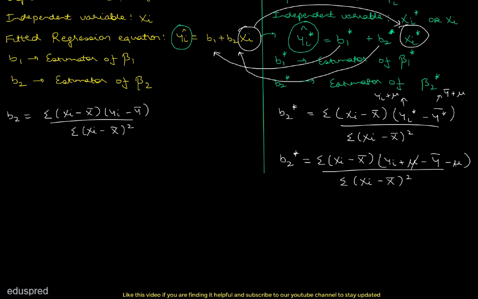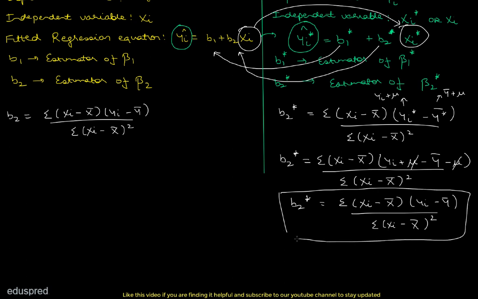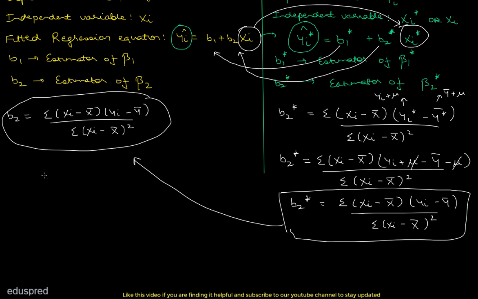Now I can cancel this mu and mu, so we get that b2 star is equal to summation of xi minus x bar, yi minus y bar divided by summation of xi minus x bar whole square, which is exactly the same thing as b2. So even in this case, b2 star is equal to b2. This is the same thing that we got in the first case as well.